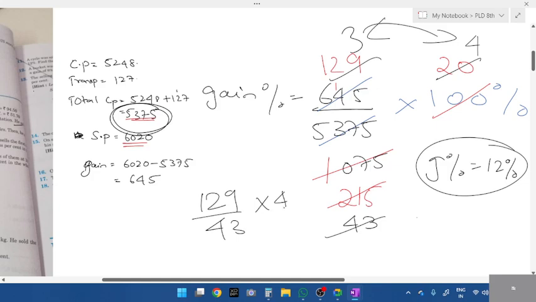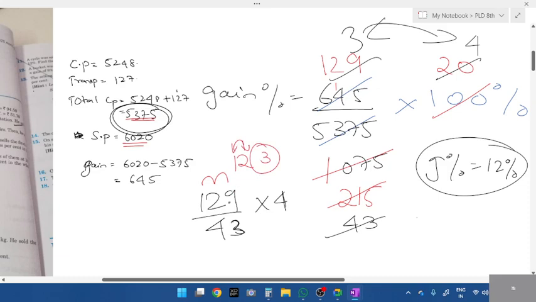Do you think 43 and 4 can be divisible by 2? No, right? And what about 3? What's the rule for 3 here? What is 1 plus 2, students? 1 plus 2 is 3. 3 plus 12. Again, add until you get a single digit. What is 1 plus 2? 3.